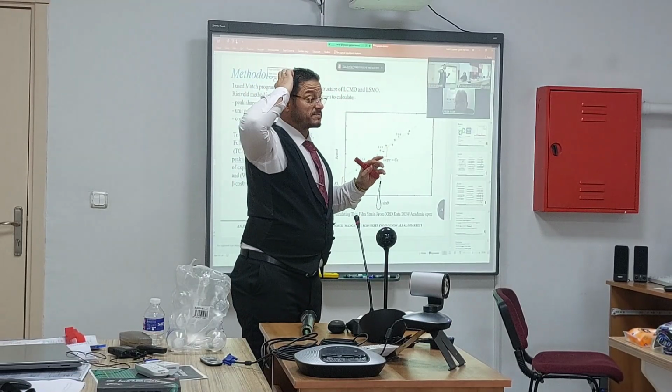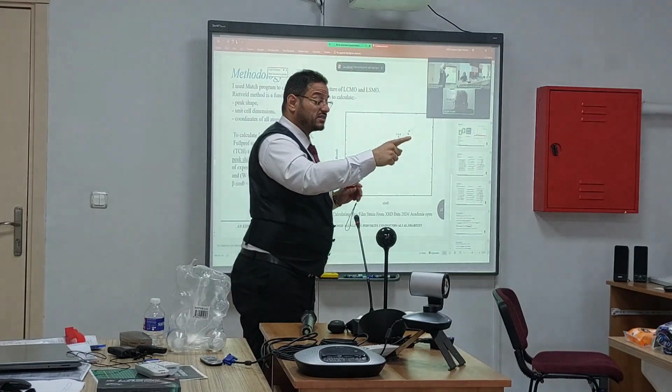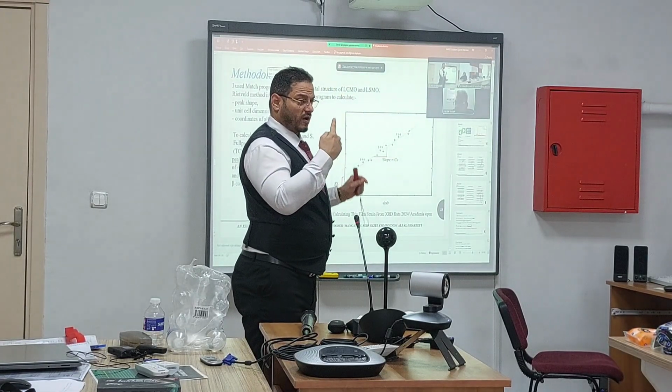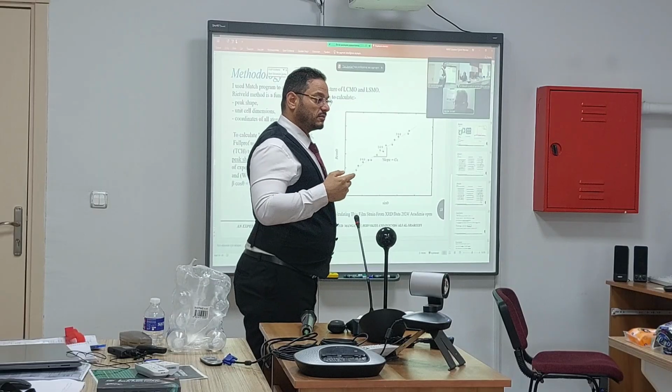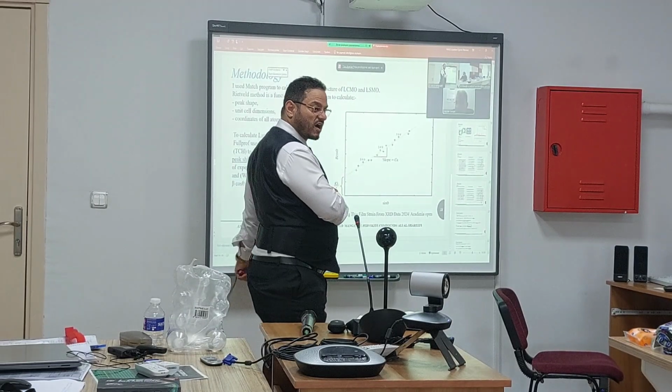But particle size is different from grain size. Particle size is calculated from the X-ray diffraction with a program like FullProf, or you may use another program, using the Williamson function.